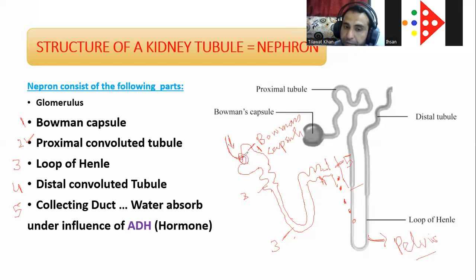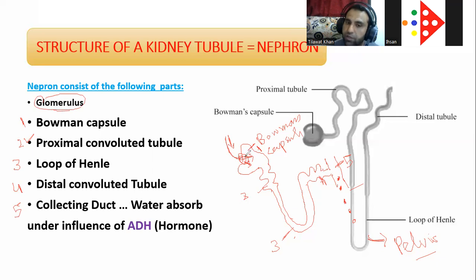A bunch of that tiny capillaries is called glomerulus. From glomerulus, the waste material will go to Bowman capsule under high pressure. That is called ultrafiltration.